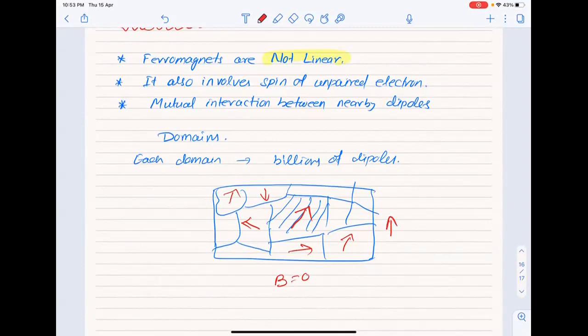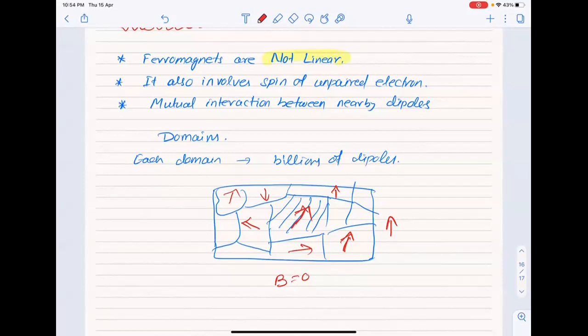The domains which are very nearly aligned along the same direction will start growing, at the expense of the other domains which are not aligned along the field. So those domain boundaries move: domains not aligned along the field will shrink, and domains aligned along the field will grow.